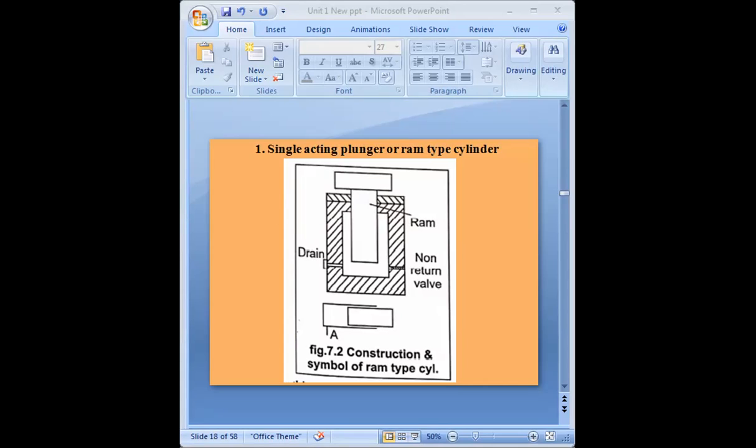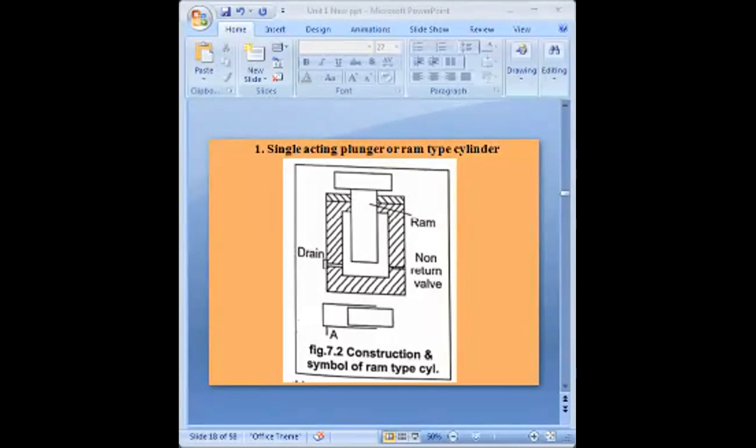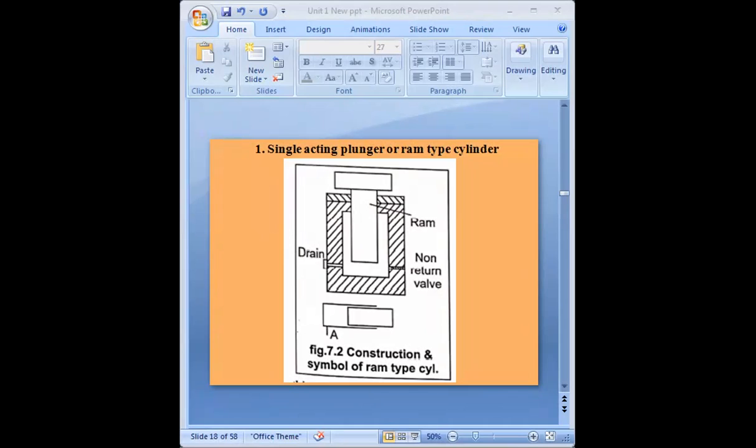Single acting plunger or ram type. Hurry up.